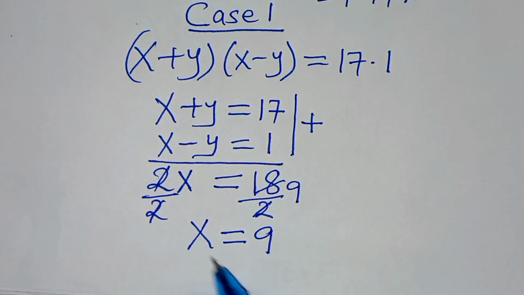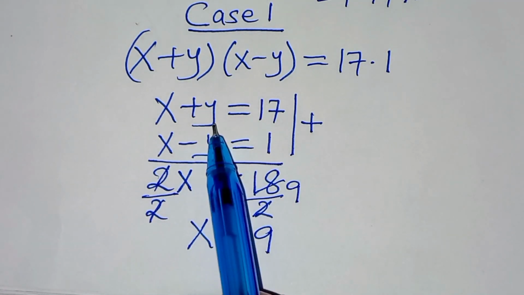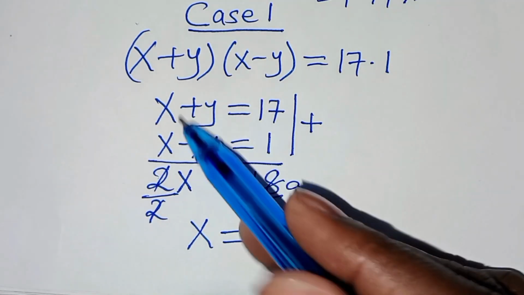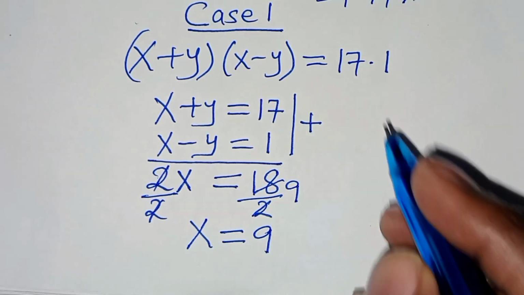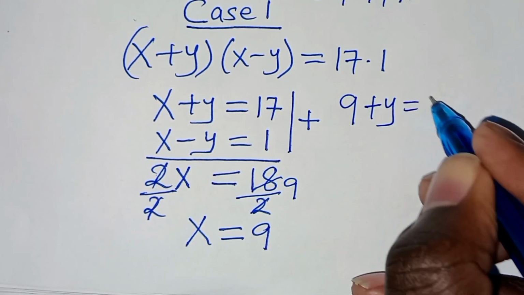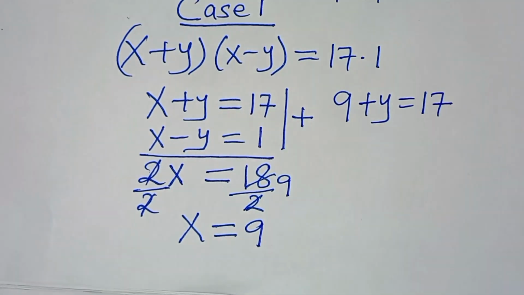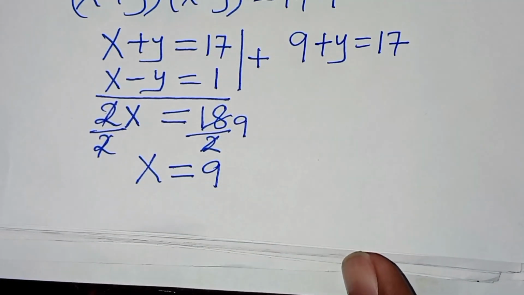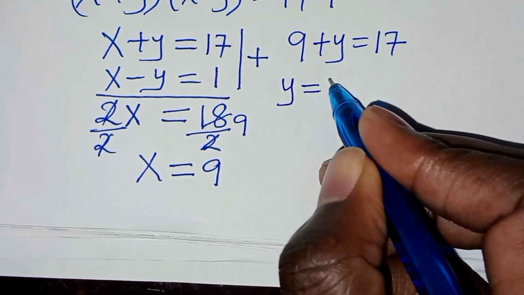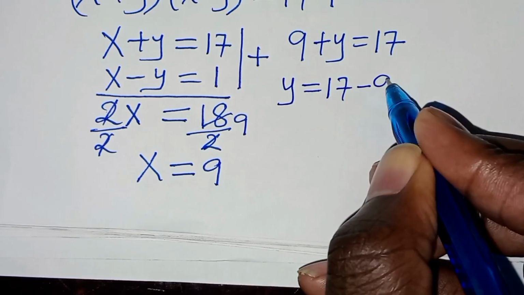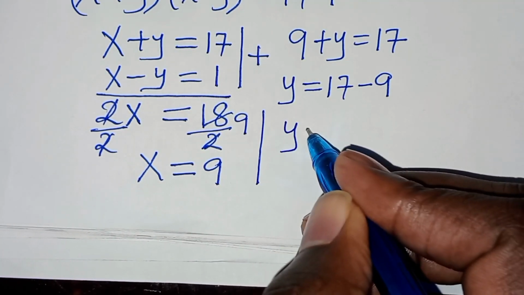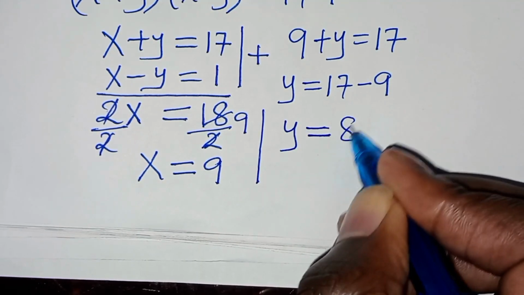Since we have the value of x, we can solve for the value of y. Let's substitute the value of x in the first equation, so that we have 9 plus y equal to 17. This implies that y is equal to 17 subtract 9, so y is equal to 8.